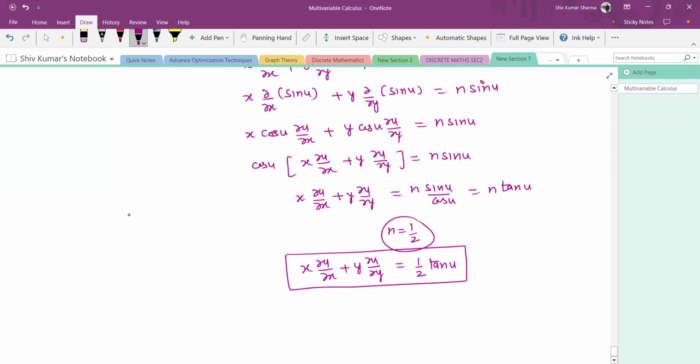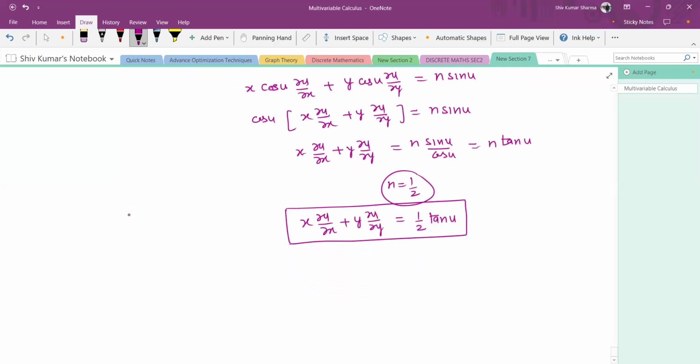Now, when we want to follow the deduction, we can solve it by using the deduction. The deduction says that x ∂f/∂x + y ∂f/∂y = n f(u)/f'(u).